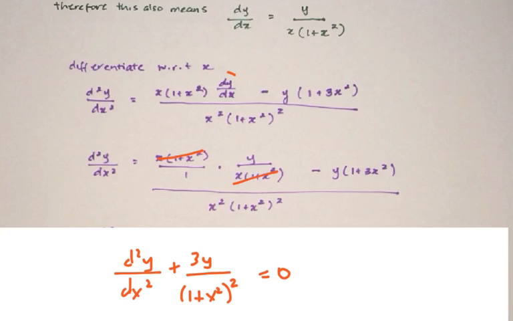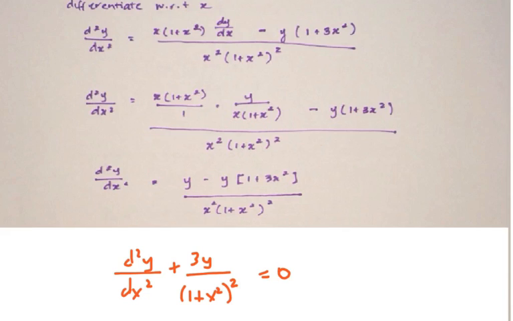That came from substituting dy dx for this. And now I'm left with y as my first term, and my second term is going to be minus y times 1 plus 3x squared, and then all divided by x squared times 1 plus x squared, all squared.